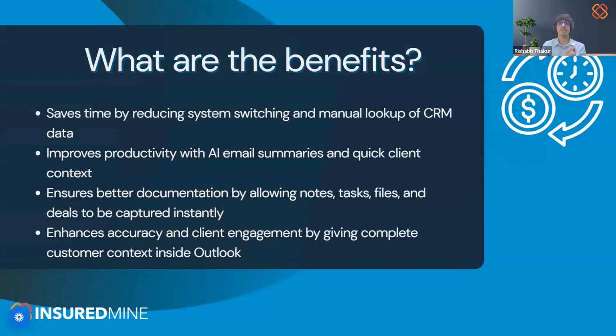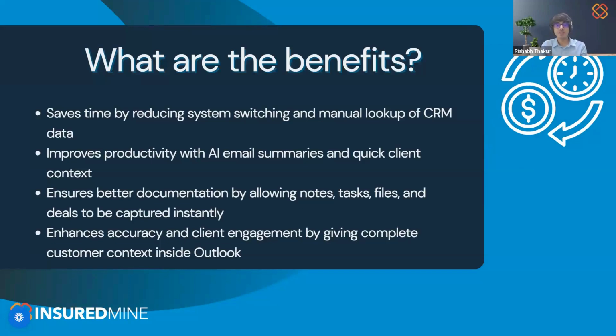One more thing is this: when you're documenting anything, you have to go into InsuredMine and document that thing. Either you're taking a screenshot or you're fetching information between multiple systems, and you can lose out on information. But here you can't. If you want to add something, you can just add a note. If you want to add a task, you don't have to go to InsuredMine. I'm on my Outlook, I got something from my client, I'm just going to add a task, and I'm done with it.